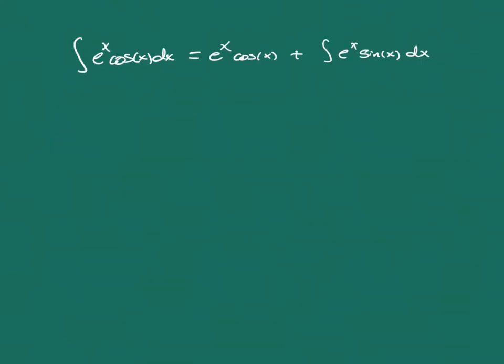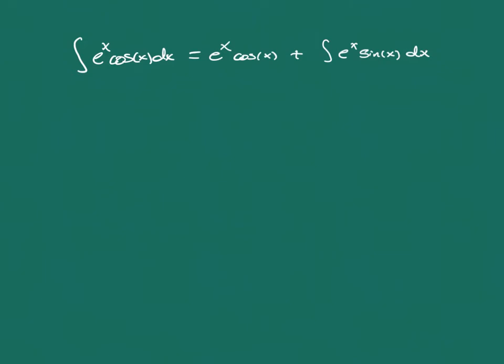Where that left us was the integral of e to the x cosine of x dx, where we started, and after integration by parts one time we ended up with e to the x cosine of x plus the integral of e to the x sine of x. This one is still pretty much the same, but let's try integration by parts one more time.